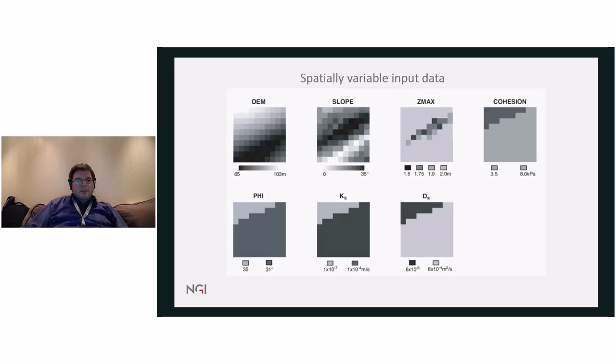The slope is shallower at the bottom of this valley, but the slope becomes steeper at approximately the middle of the slope. And then these are other plots showing the depth to bedrock, the distribution of cohesion, of angle of friction, and then of permeability and diffusivity over the domain.